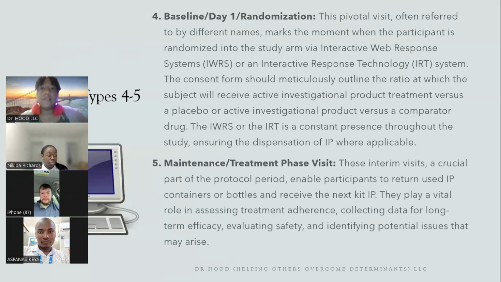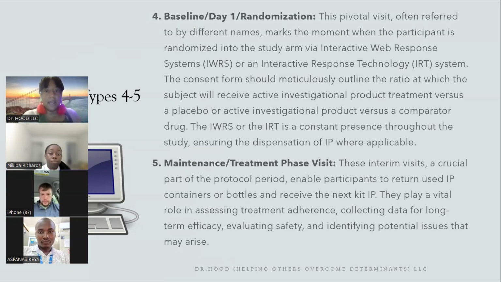Okay, so the baseline day 1 randomization. This is a pivot visit because the patient is being randomized to the study arm. It is so important to have the right information in the system. Say you're doing a study and the study arm is based on age.